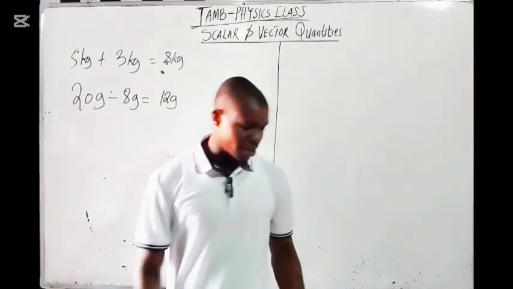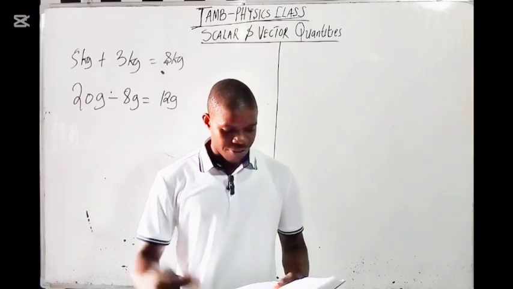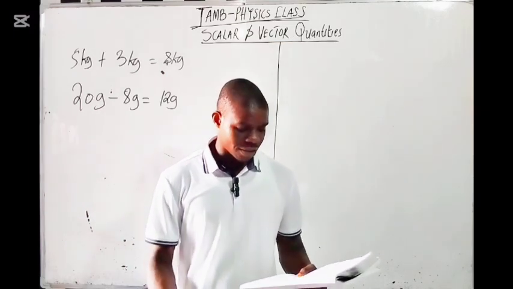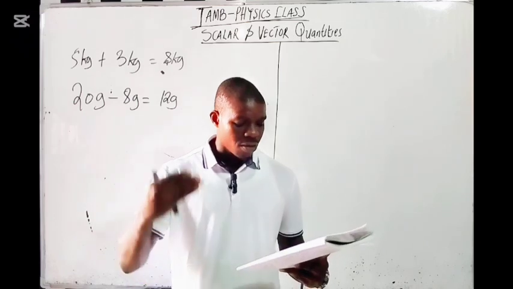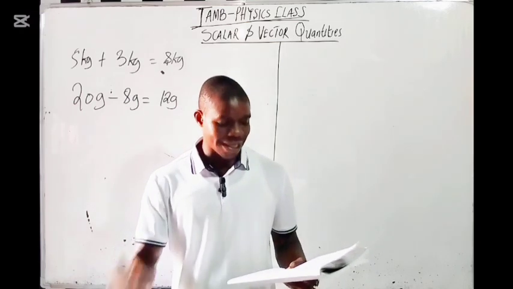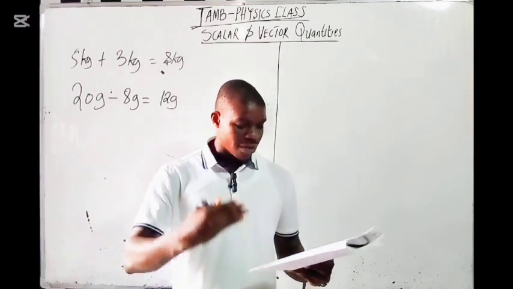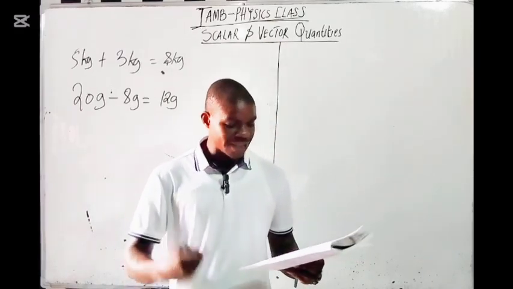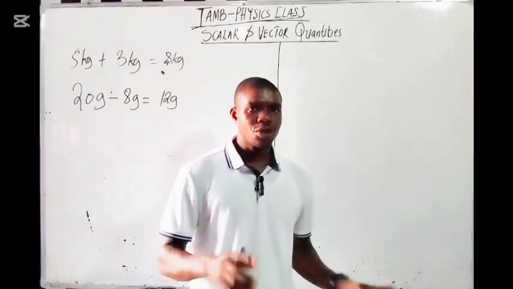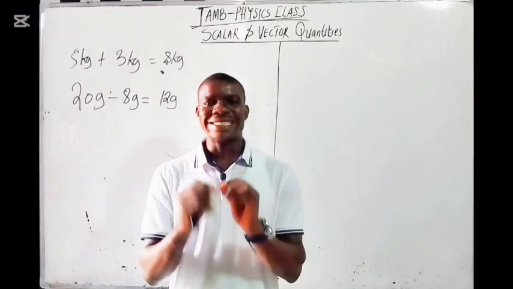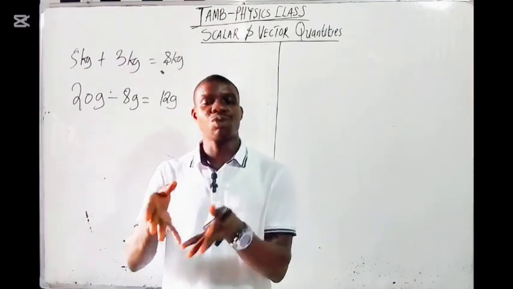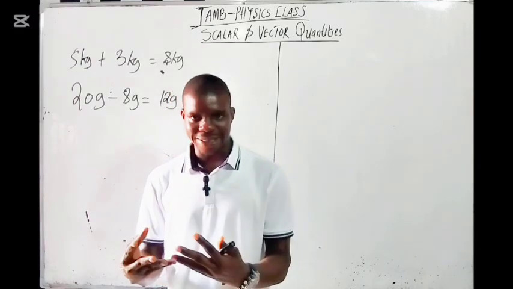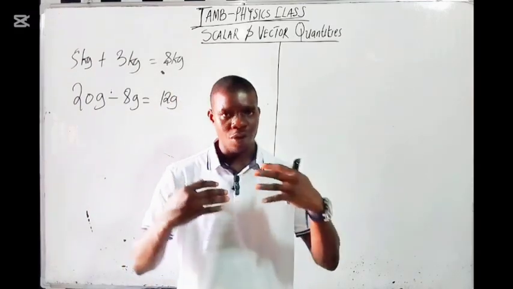Here we have velocity, 60 km/h east. Here we have force, 10 newton downwards. Here we have acceleration, 9.8 meter per second squared upward. So with vector quantity, the direction is specified, either to the north, south, east, or west, or upward or downward.